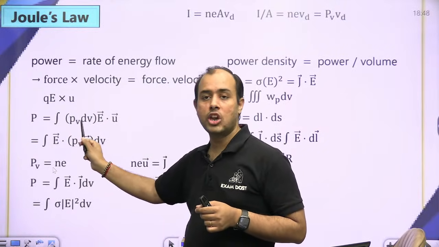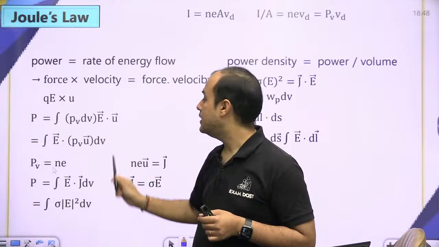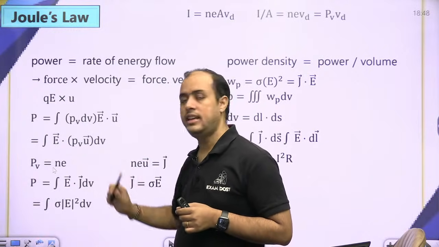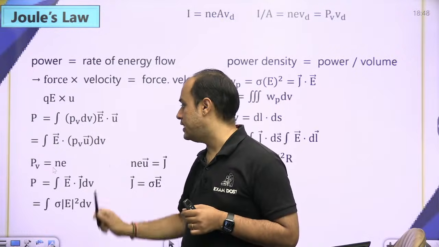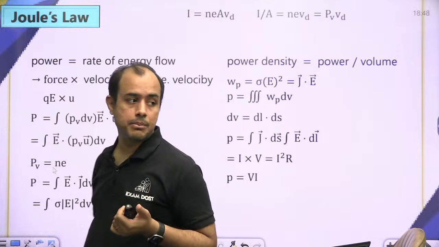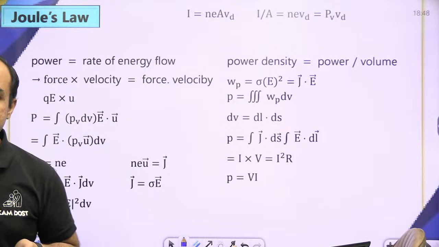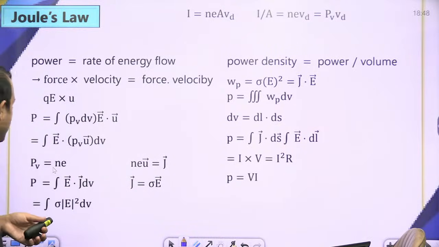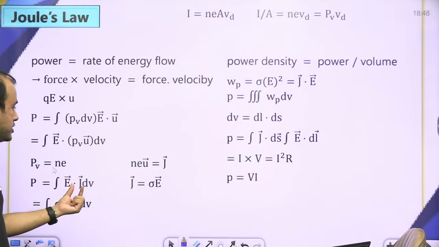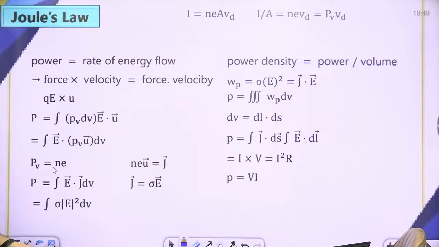Q is the volume integration of rho v dv, E dot velocity. So rho v into E dot velocity dv. Now rho v is Ne, where N is the number of electrons per unit volume, E is the charge on each electron. So now power will become E dot J dv.